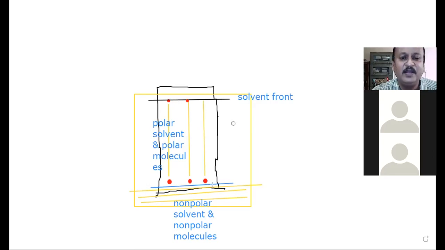This time I don't have a completely polar solvent, nor a completely non-polar solvent. So it is intermediate between polar and non-polar. Are you all getting what I am saying? I have a solvent system which has intermediate polarity. It is neither too polar nor too non-polar. When that happens, the sample components will move.